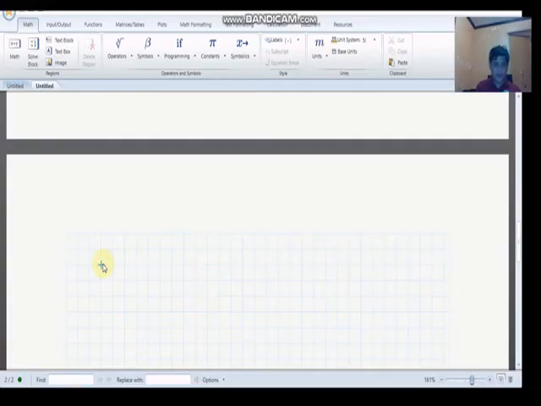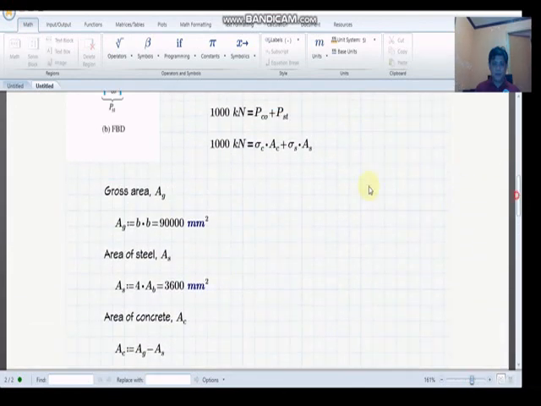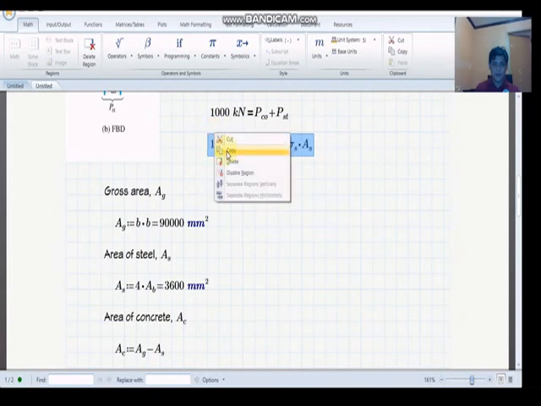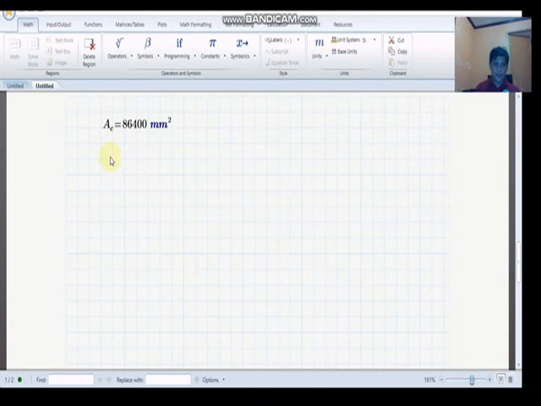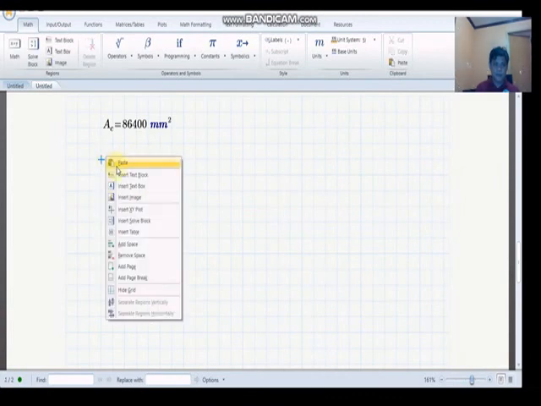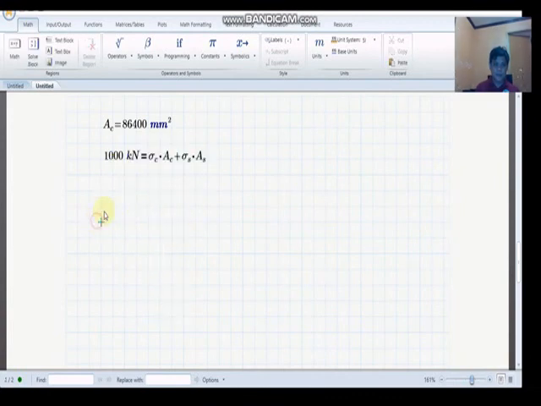Let's compute the area of concrete, which is now equivalent to 86,400 square millimeters. Okay, let's further simplify this equation. We just need to copy and paste it here. We need now to substitute the values.